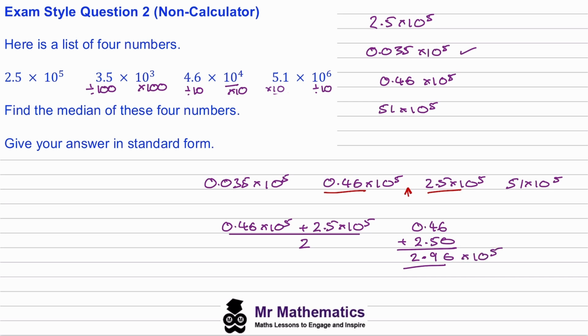And then we need to divide this by 2. So 2.96 divided by 2. 2 into 2 will go once. 2 into 9 will go 4 times. We'll carry over the 1, and we get 1.48. This will be 1.48 times 10 to the power of 5. Okay?